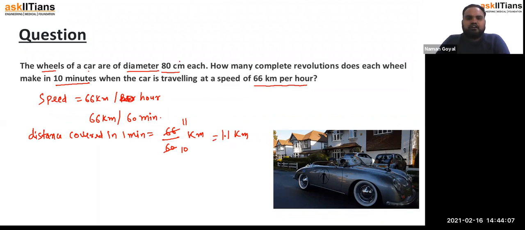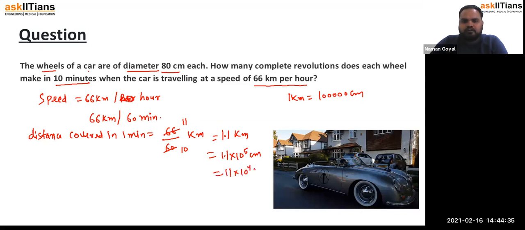The diameter is given in centimeter, so we can take this also in centimeter. See, 1 kilometer has 1000 meter, and 1 meter has 100 centimeter. So for converting 1 kilometer to centimeter, we have to multiply it by 10 raised to power 5. So it will be 1.1 into 10 raised to power 5 centimeter, which is 11 into 10 raised to power 4 centimeter.